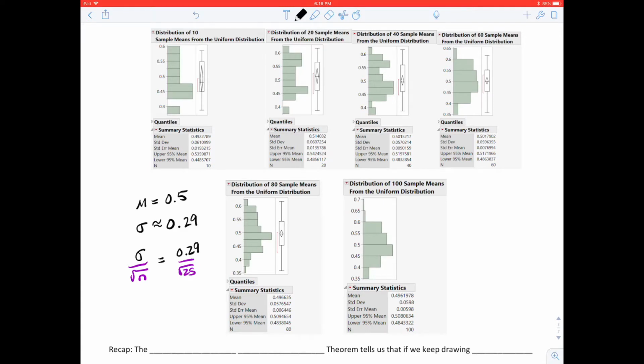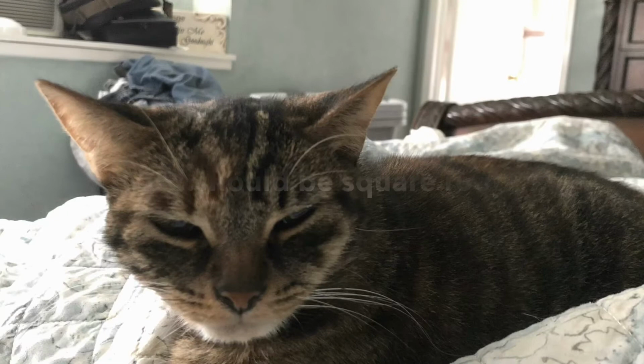If we divide 0.29 by the square root of 25, you can go ahead and do it along with me, I get, oh wow, 0.058. Check it out, doesn't that match our standard deviations of the sample means? All right, so just to recap, and by the way, we often will call that sigma x bar, because this is the sigma for the sample mean.